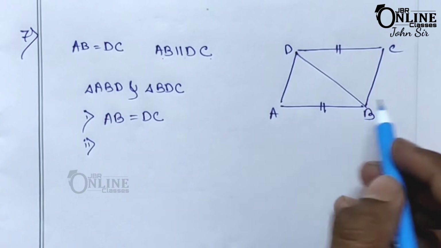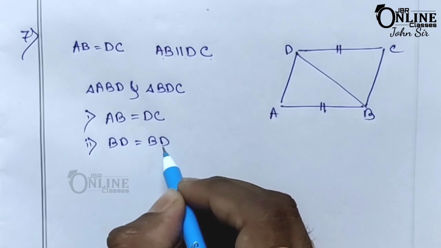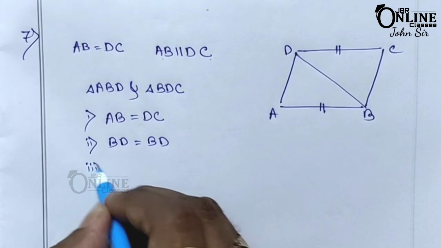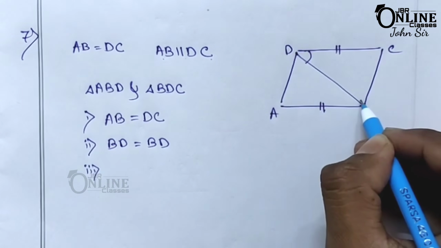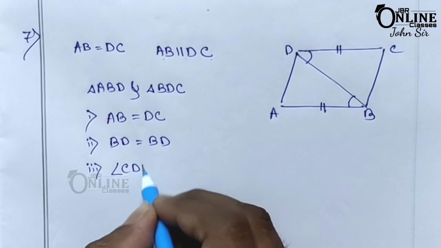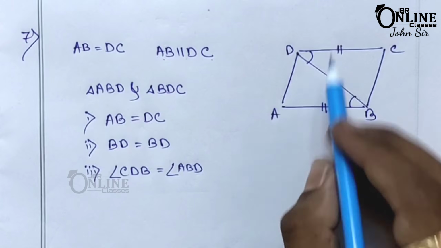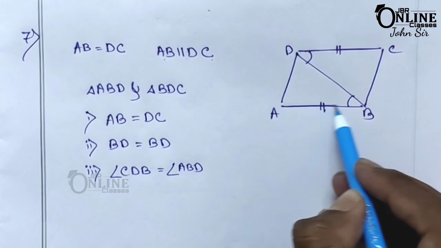The second condition is BD, BD is the common side of these two triangles. Now the third one is this angle equal to this one, that means angle CDB equal to angle ABD. Why? As this side is equal and parallel.